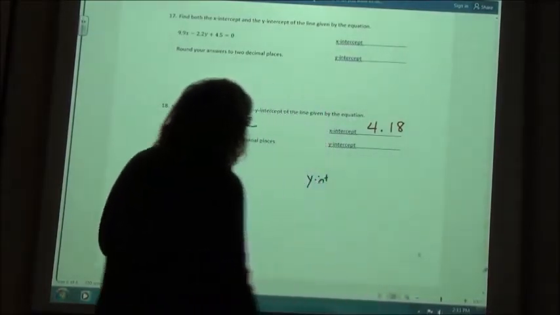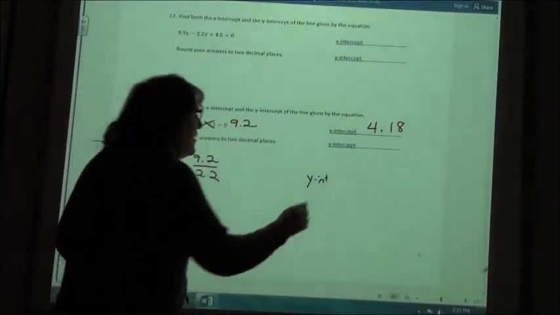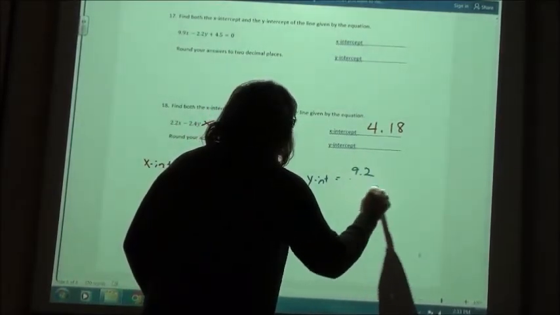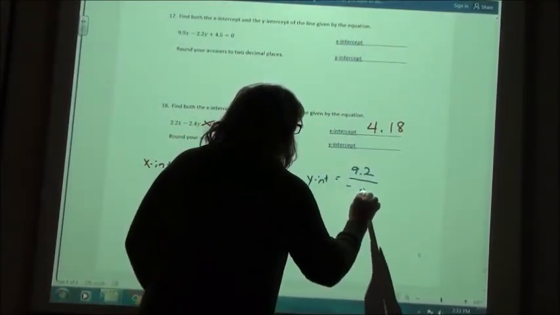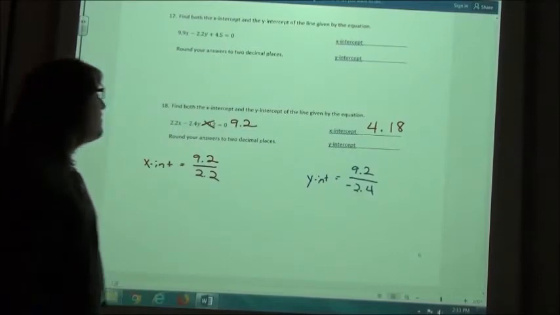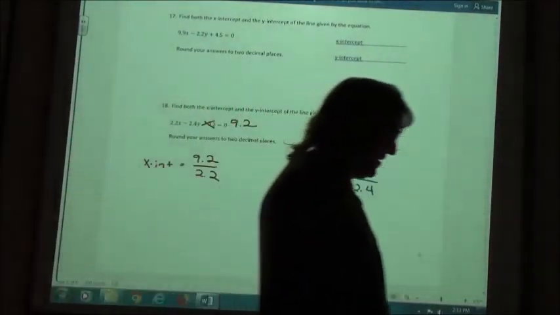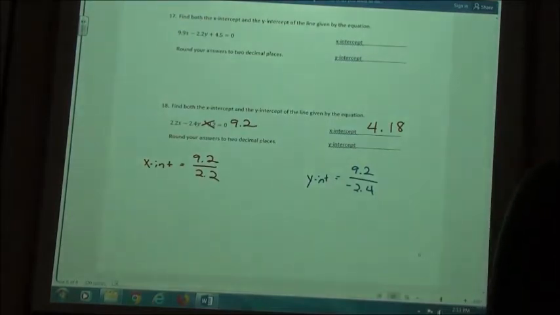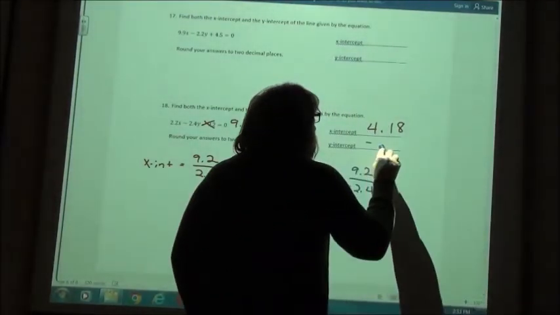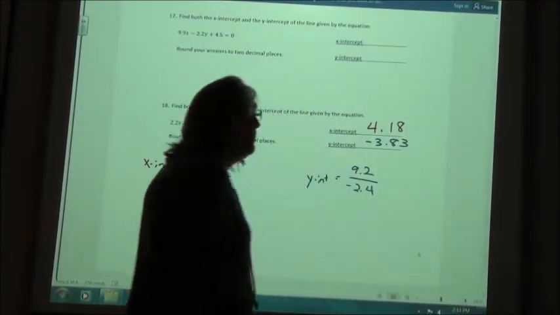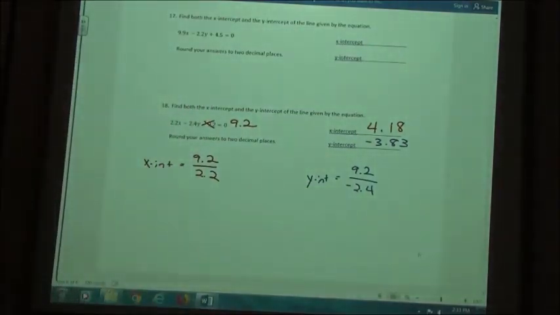On the second part, for your y-intercept, you're going to have your 9.2 divided by the negative 2.4, which was in front of our y, and our answer then was negative 3.83.